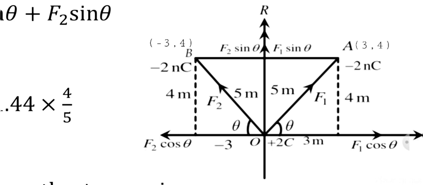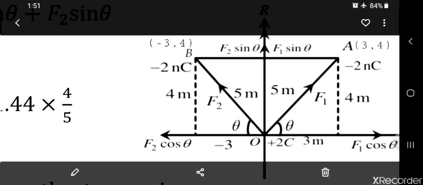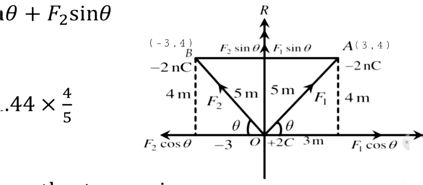Along that you can resolve F1 along the horizontal as F1 cos theta, and F1 sin theta along the vertical, right? These are the resolution of the vector concept for F1. Similarly F2 can also be resolved along the horizontal as F2 cos theta and F2 sin theta, right?